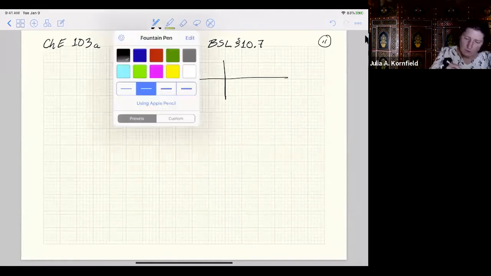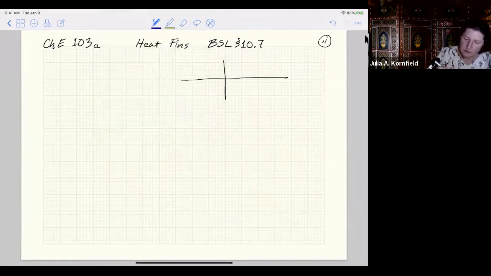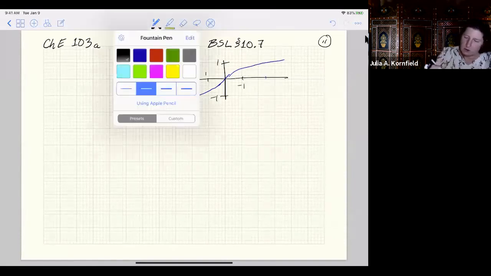Okay, so tanh looks like this, and then rolling off, it gets really close to 1 around 2.5. Okay, so we've got 1, -1, and so here's the tanh.